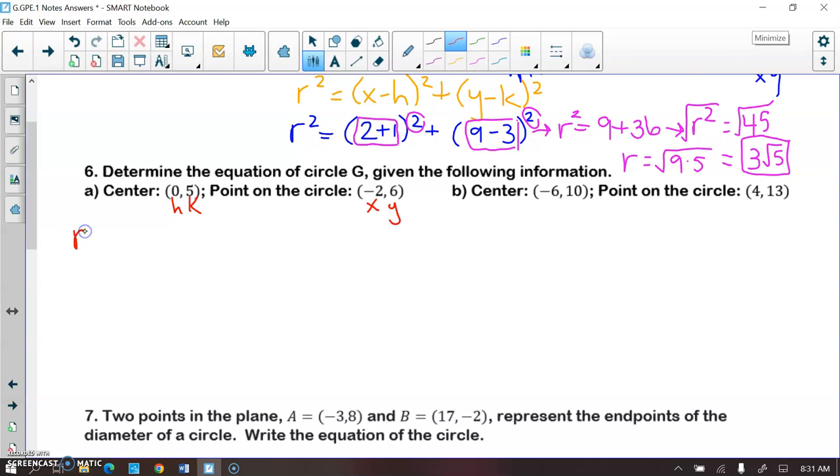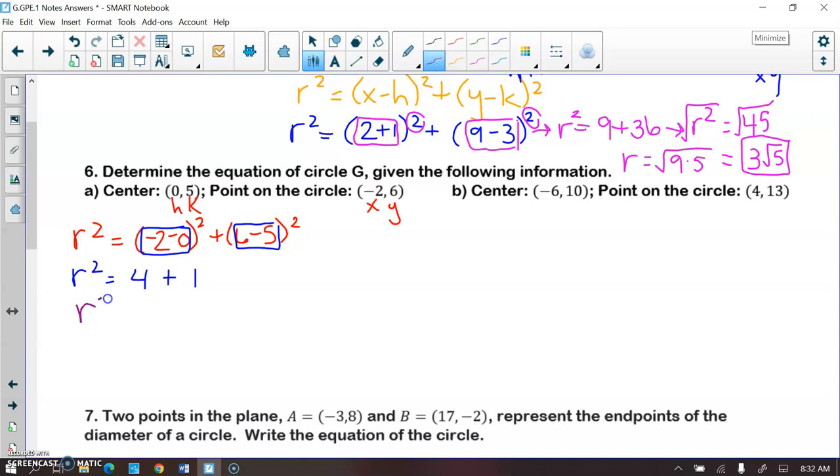So I have r squared is equal to (-2 minus 0) squared plus (6 minus 5) squared. So r squared is equal to (-2 minus 0 is -2, squared is a positive 4), plus (6 minus 5 is 1, and 1 squared is 1). So I wind up with r squared as 5.